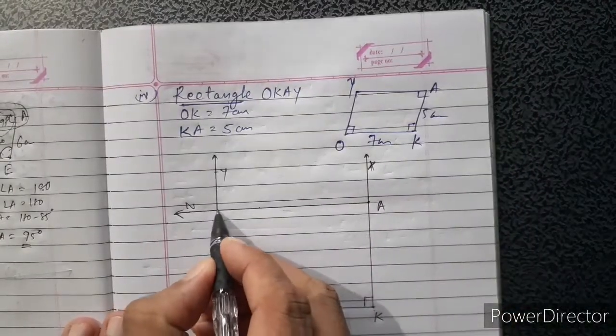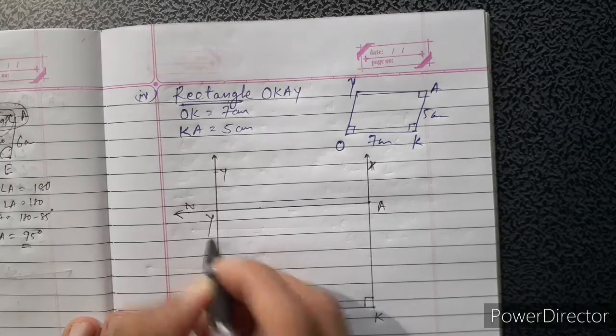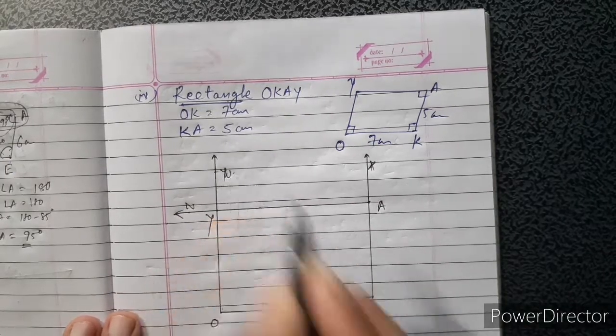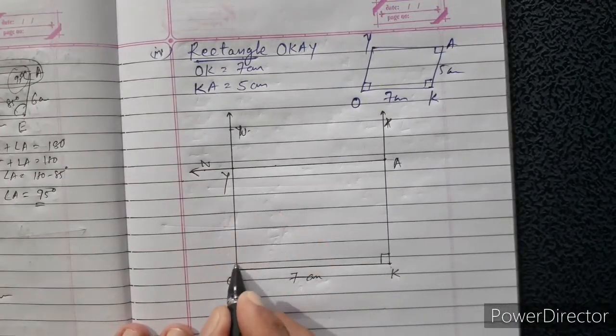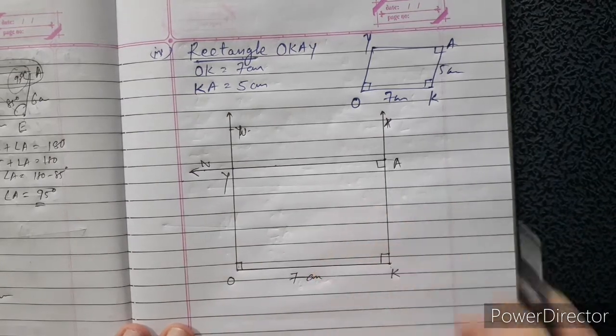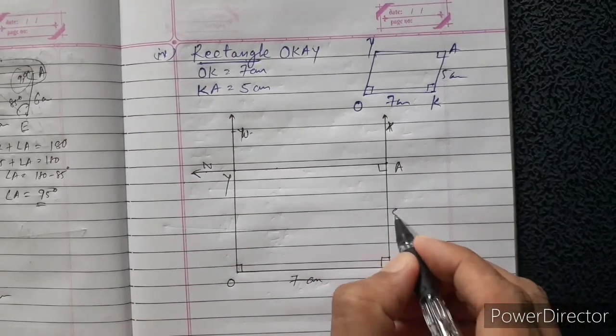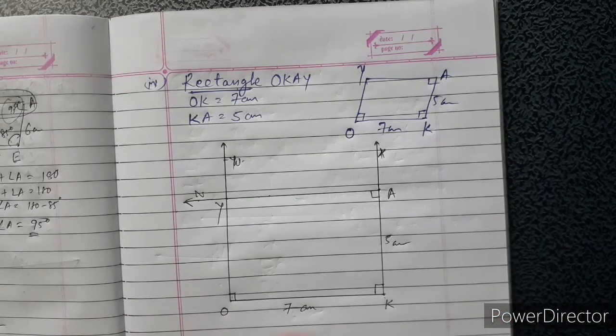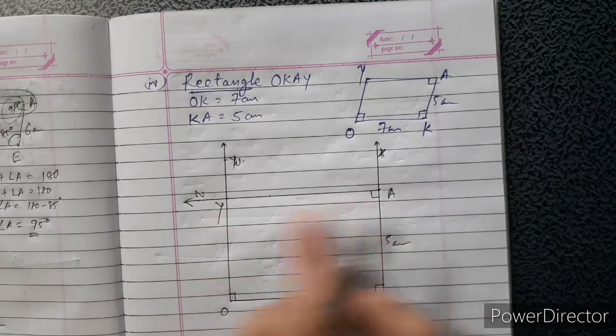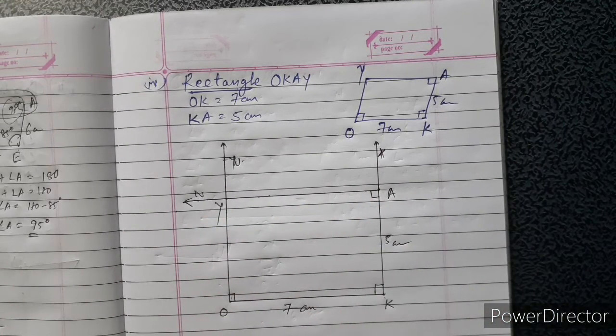That is Z. Okay. And intersecting point is our Y. Okay. O is 90 and A is also 90 and K is 90. So OKAY is our required quadrilateral.